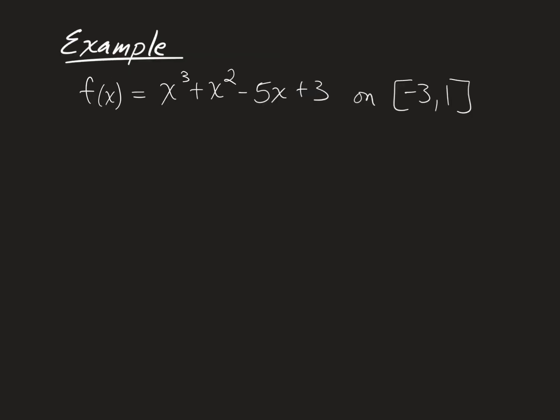So here we're going to use Rolle's theorem, but first, of course, like we did with the mean value theorem, we have to check the conditions. So for 1 and 2, I can definitely say f is continuous on the closed interval [-3, 1]. It's a polynomial, which means it's also differentiable on the open interval (-3, 1).